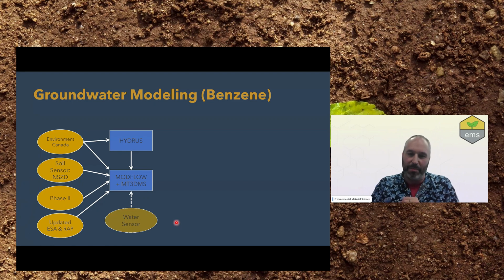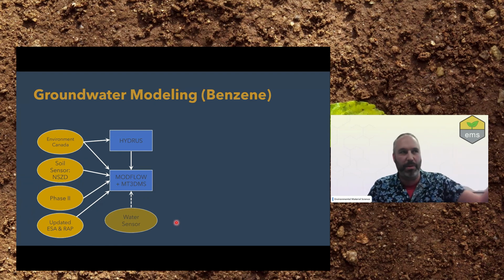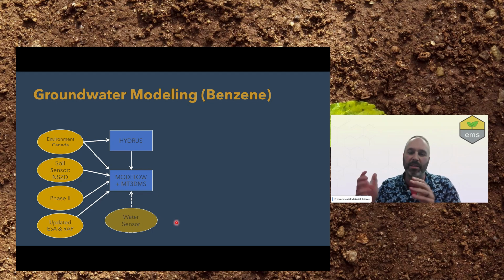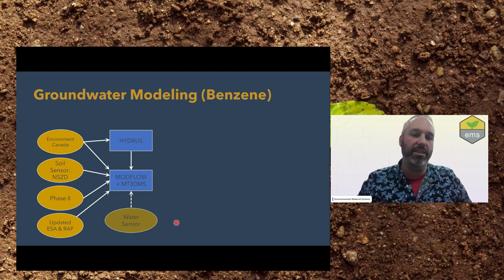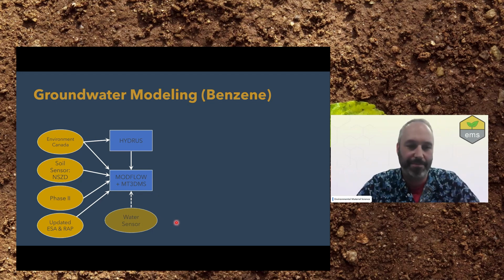That initial release of the bowling ball down the bowling alley, if it's wrong, it's going to veer way off course by the time it gets close to the pins. But if you're able to nudge it as it goes along with real-time updates, and in the case of groundwater modeling, it's our water sensor, then you'll get much more realistic estimates of what the groundwater is doing, and hopefully get closer to that strike.